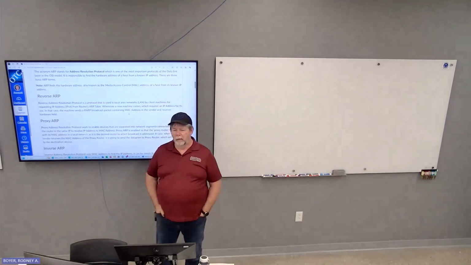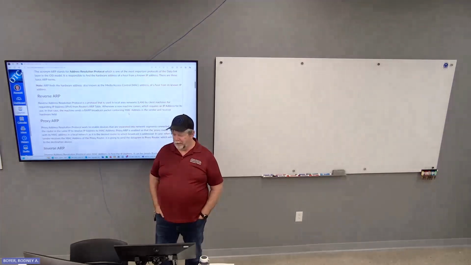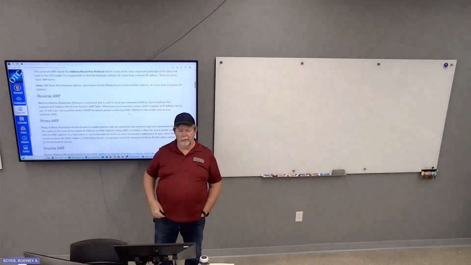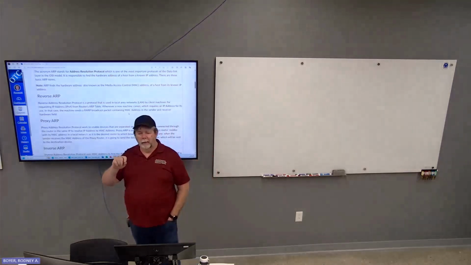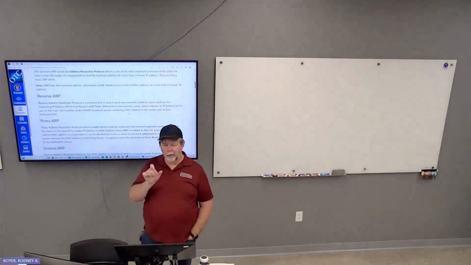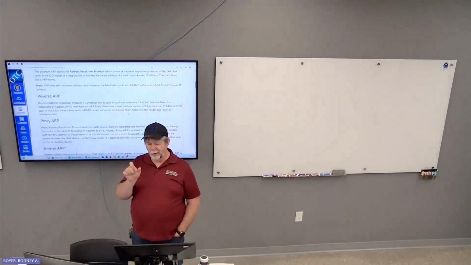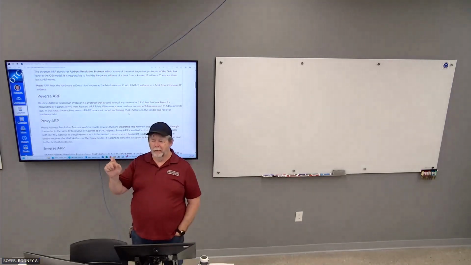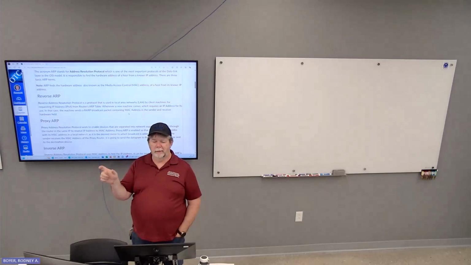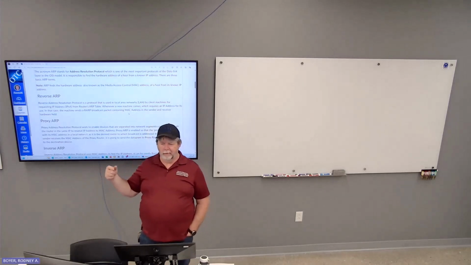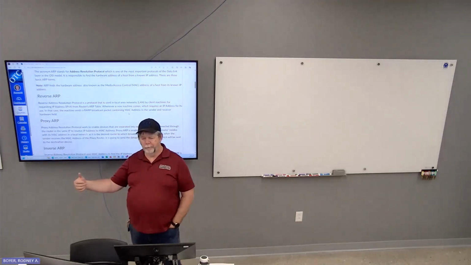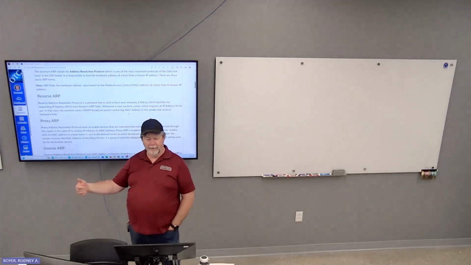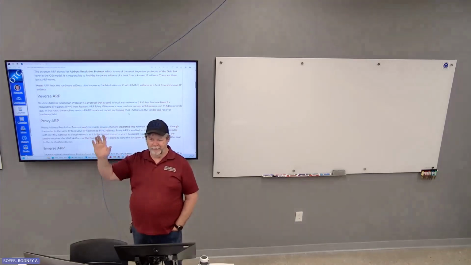So whenever you fire up your Wireshark, you do a filter for ARP. You'll see a lot of ARP protocols that say who is or who has this IP address. And then the network interface card, the NIC, that has that IP address says, that's me.